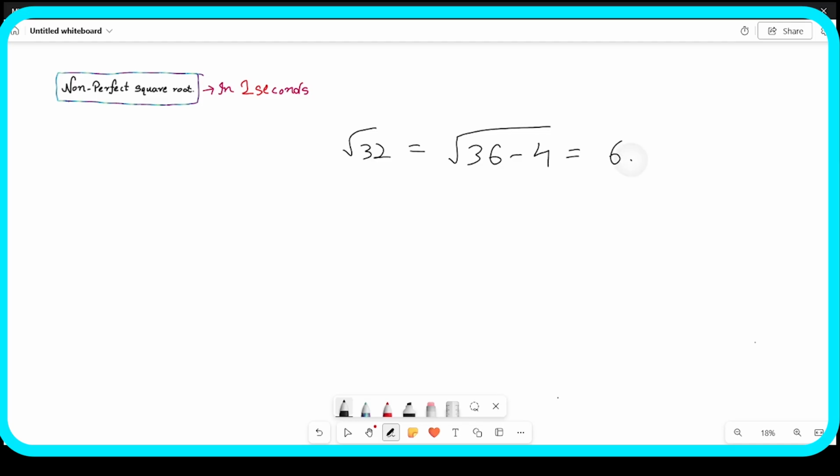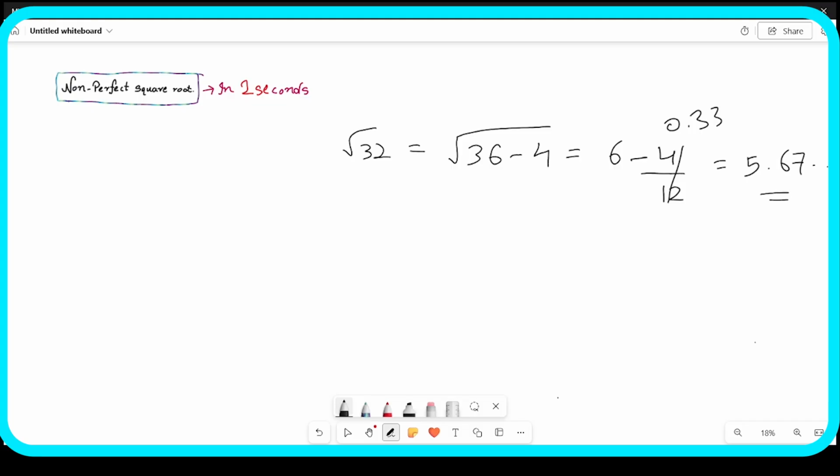Write the same sign, minus, and how much is it less? 4 less. So 4 divided by 6 double, which is 12. So that will be 1 by 3. So 1 by 3 is 0.33. The answer will be 5.67. So the answer is 5.67.